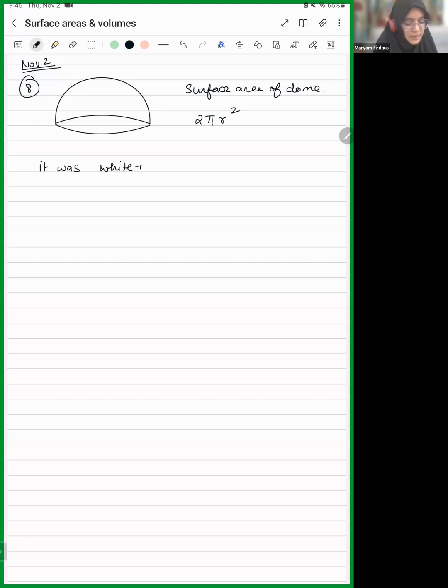They're saying it was whitewashed at the cost of rupees 4989.6. Okay, it was whitewashed at this cost, if the rate was rupees 20 per meter square. Now, what have they told you?